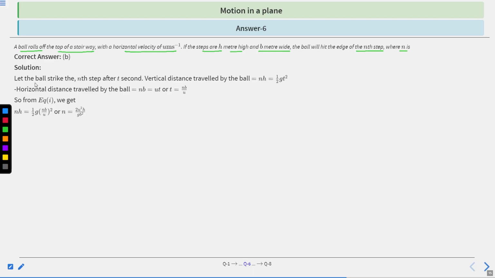Let the ball strike the nth step after t seconds. Clear? The vertical distance traveled by the ball, nh, is equal to half g t square. Clear? The horizontal distance traveled by the ball, nb, equals ut, so nb by u is equal to t.